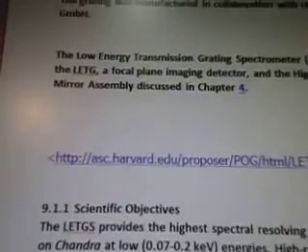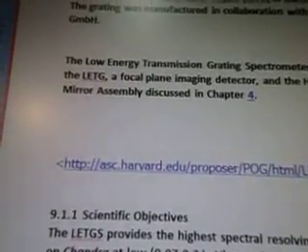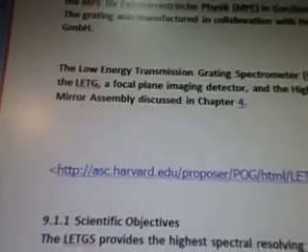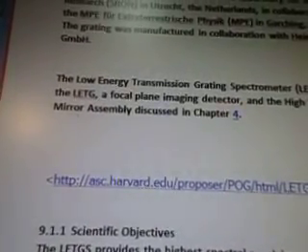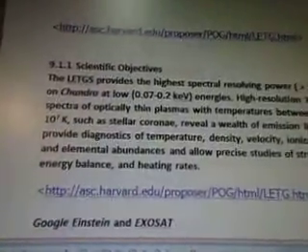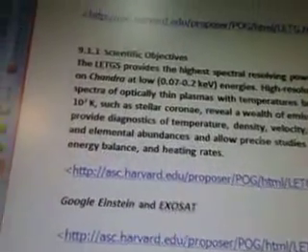The Low Energy Transmission Grating Spectrometer, LETGS, comprises the LETG, a focal plane imaging detector, and the high resolution mirror assembly discussed in Chapter 4. That's ask.cfa.harvard.edu. 9.11 Scientific Objectives.